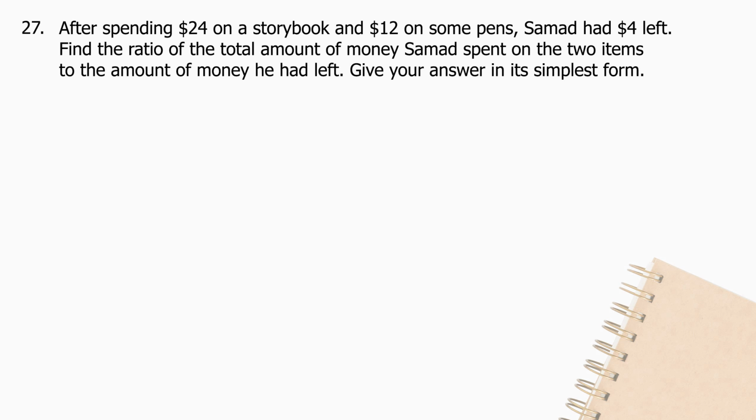Question 28. After spending $24 on a storybook, and $12 on some pens, Samad had $4 left. Find the ratio of the total amount of money Samad spent on the two items to the amount of money he had left. Give your answer in its simplest form.